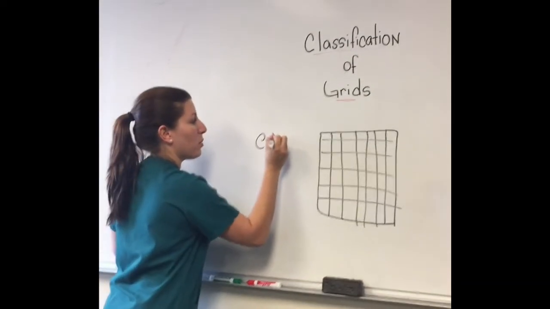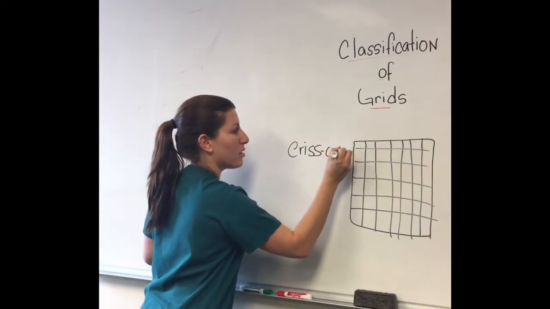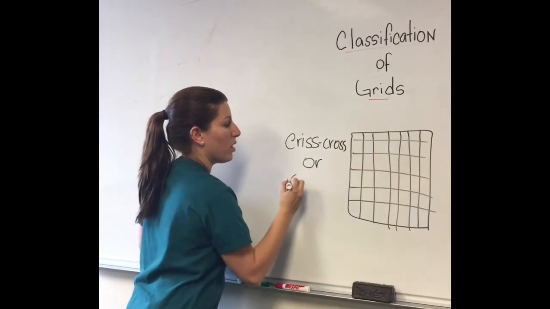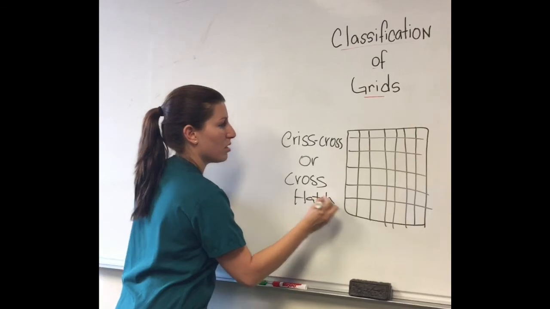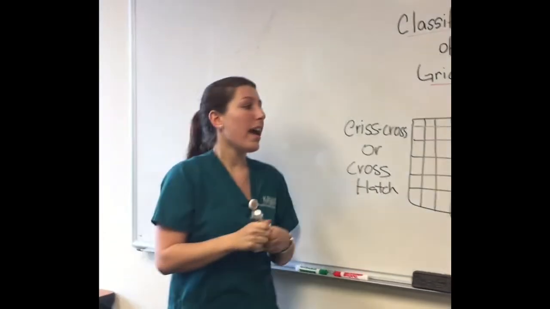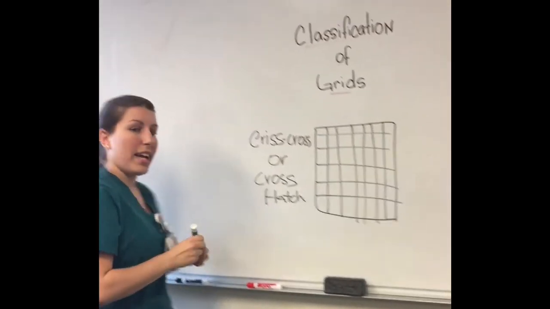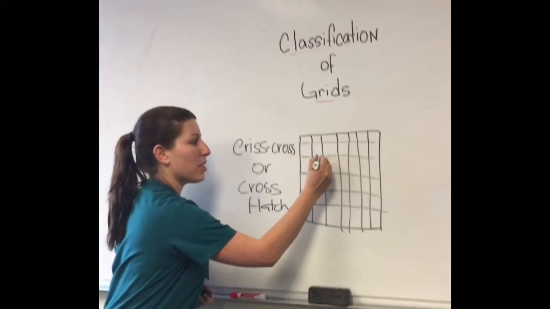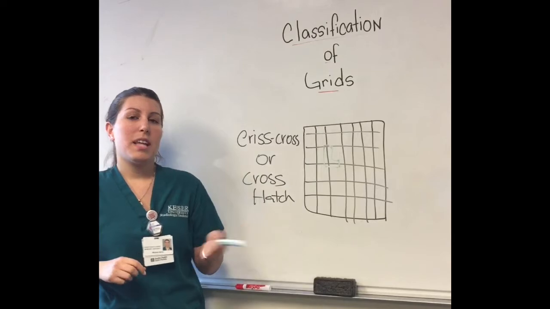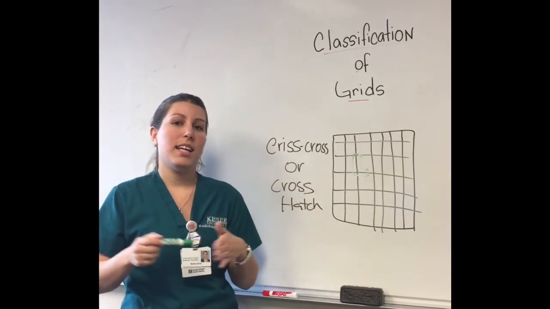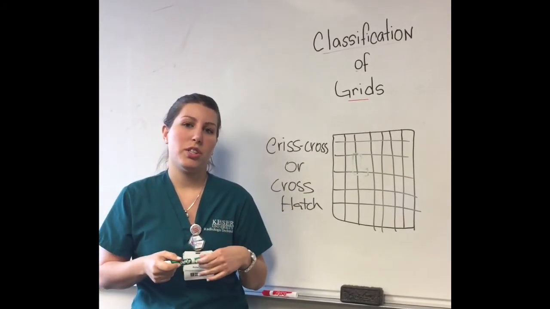This one is a crisscross or crosshatch grid, and basically the lead strips lie at a 90-degree angle. They built this grid in that particular way so that the lead strips are all perpendicular to each other.